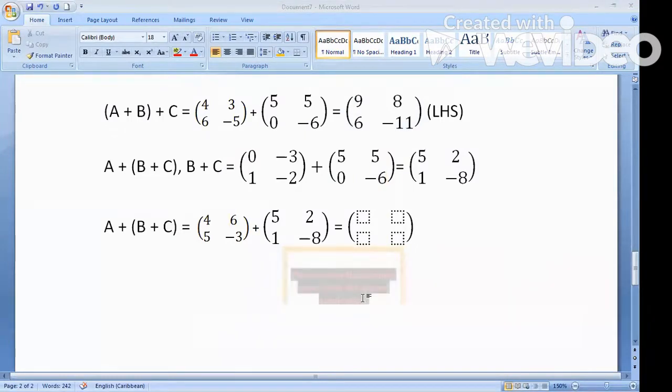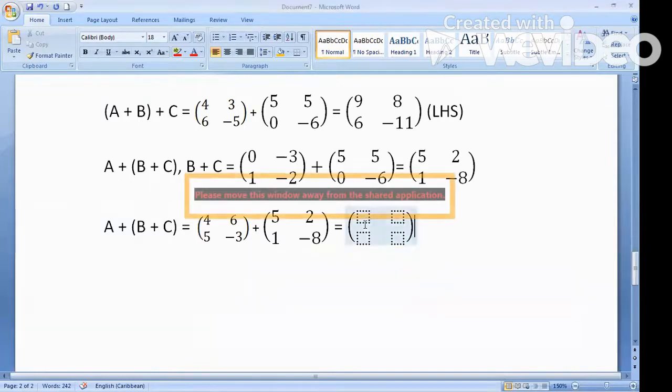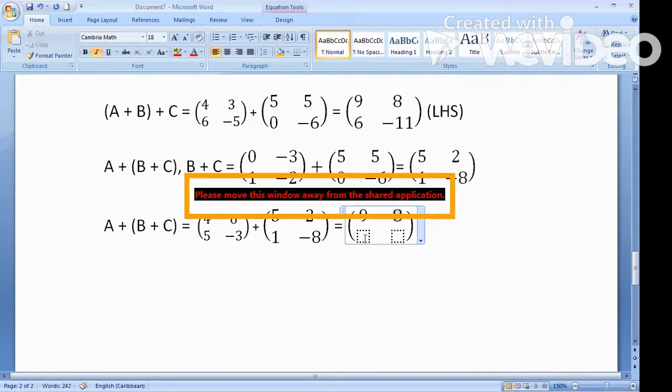Nine. Eight. So the answer is the same. Negative 11. Answer is the same.